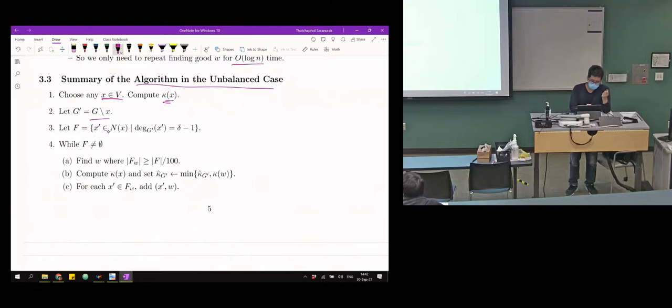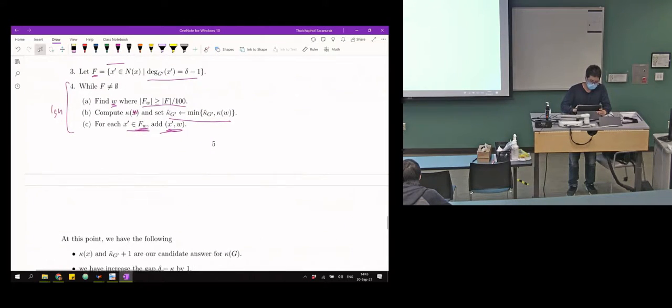Then let F be the set that you need to fix, and then find W such that you can fix a lot of them. Then compute kappa W, and keep remembering the thing that you have found so far. Then you fix everything in F_W by adding an edge between them. You know that this will happen in log n many steps.